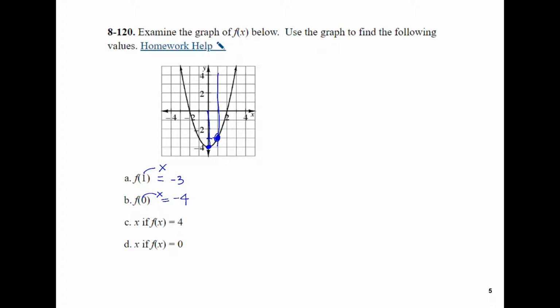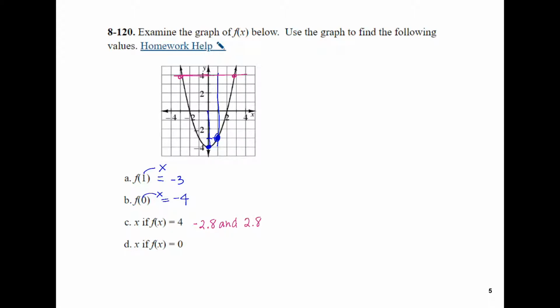This time we're going to look for x if f of x is 4. So if our y value is 4, what is our x? Well, it is almost 3, and it is almost -3. So we could guess about -2.8 and about +2.8.